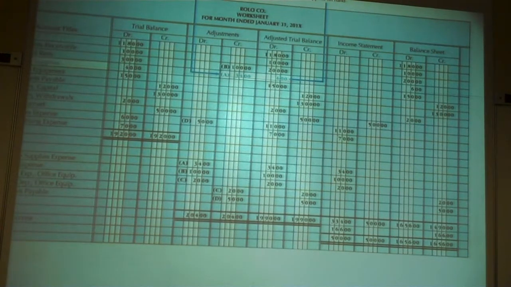The revenue is there. It should be on the credit side. The expenses are there, and they should be on the debit side. We want to bring all of those accounts to a zero. Then we're going to bring income summary to a zero. And then we're going to bring the withdrawals to a zero. Right? All of those numbers are on the income statement.